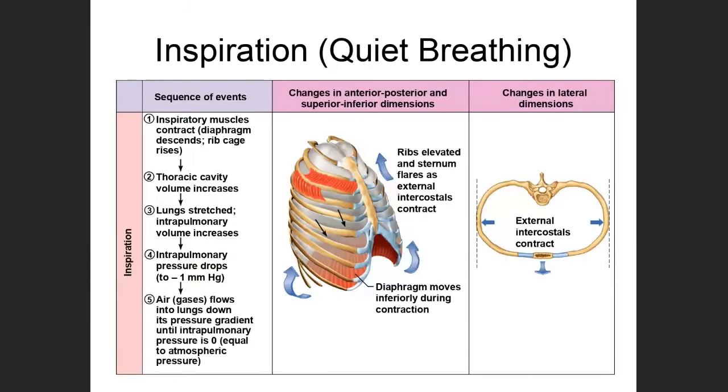So with these last couple of diagrams, what I want to do is talk a little bit about how the lungs go about generating these changes in pressure. So how do they get the pressure within themselves higher when you need to exhale? How do they get the pressure within themselves lower when it's time for you to inhale? And to be able to understand that, there's a relationship that you should understand between pressure and volume.